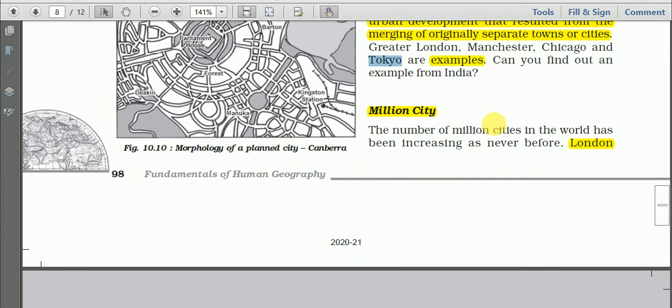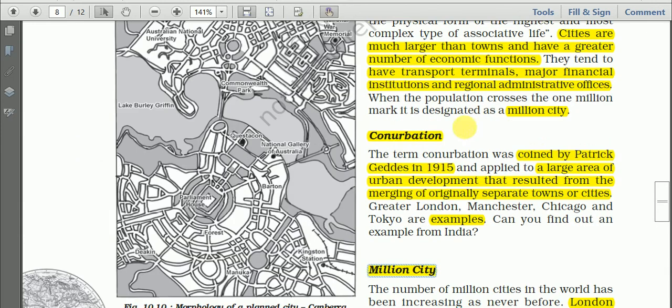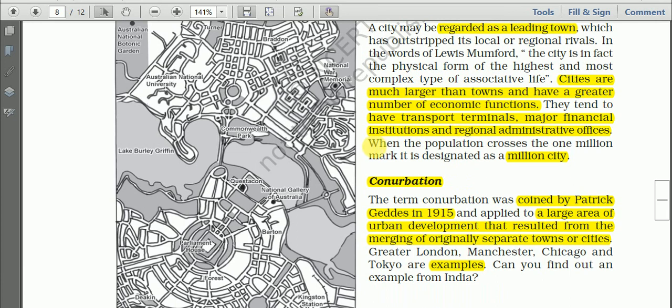Then we have the next important type of urban settlement, that is million city. The meaning of million city is already mentioned here. When the population crosses the 1 million mark, it is designated as a million city.